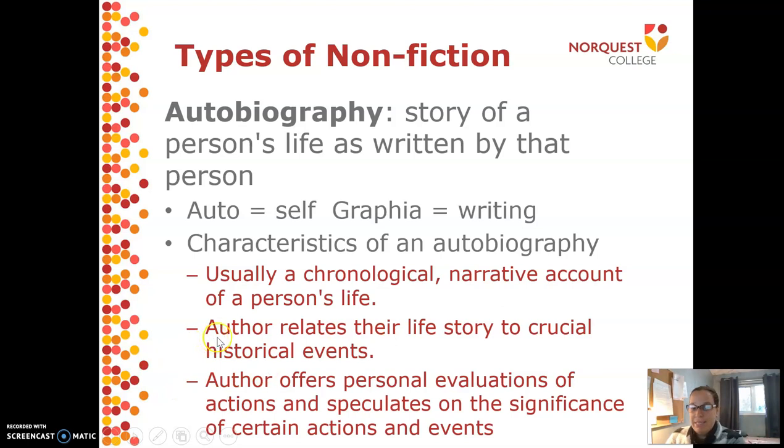The author usually relates their life story to crucial historical events just to anchor where they are in society, or why things have happened to them, or decisions they've made. And then the author offers personal evaluations of actions. So they'll talk about why they made specific choices or actions, and then might speculate on the significance of these actions and events. They will make guesses about how that influenced them, or how that might have affected them in the future.